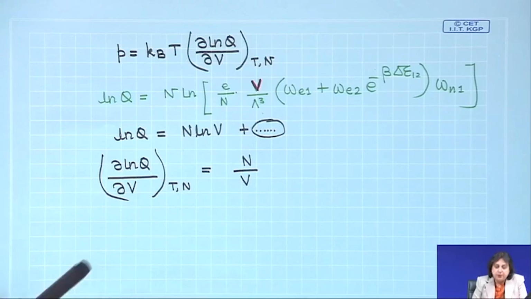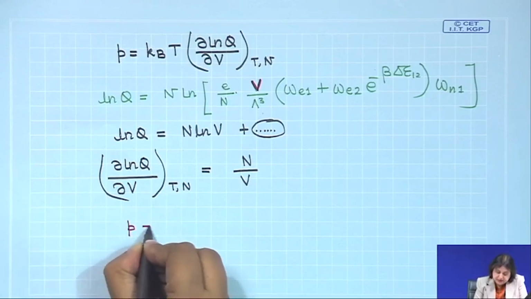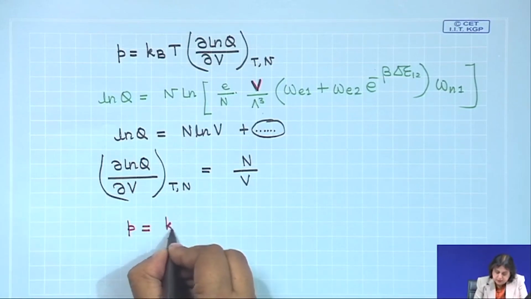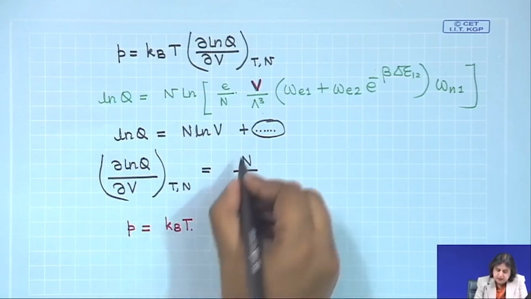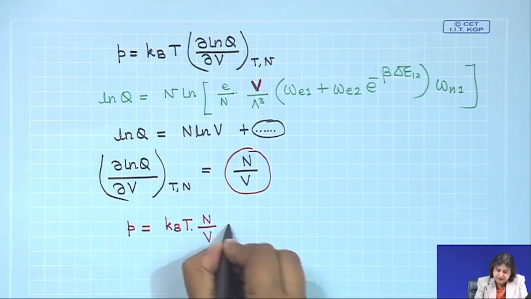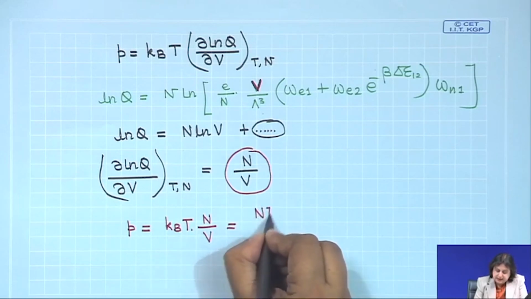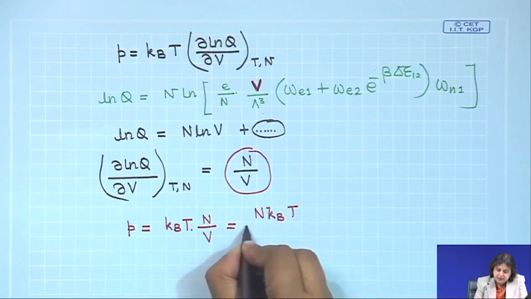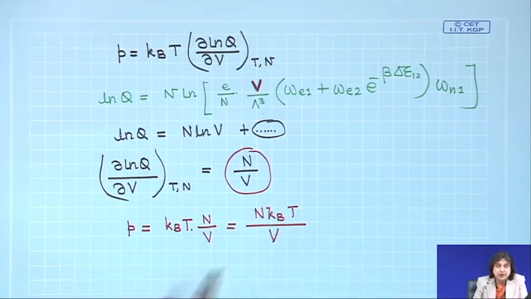So, my formulation from the Hamiltonian up to here gives me that the pressure of the system is equal to kBT into this term, and that is N by V. So, that is capital N kBT by V. Does it look familiar?